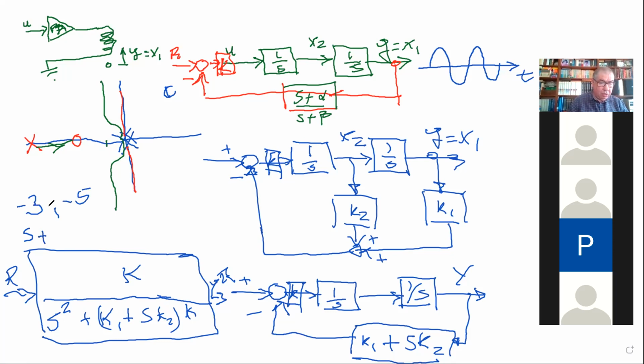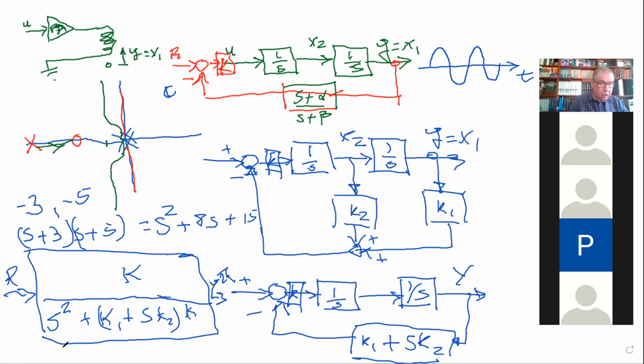S plus 3 and S plus 5. We can calculate that, equate it to the denominator, and see what K1 and K2 are, assuming we already have K. And we have a solution. So this is S squared plus 8S plus 15.